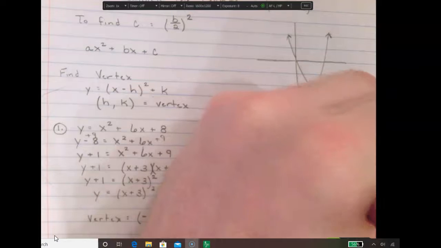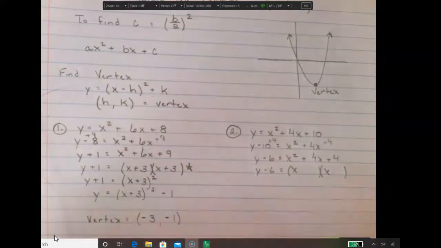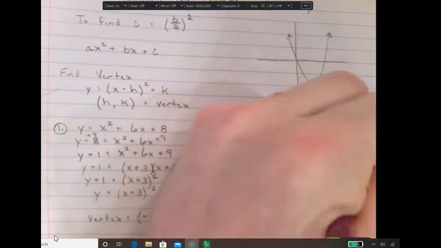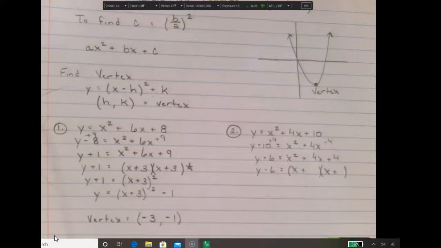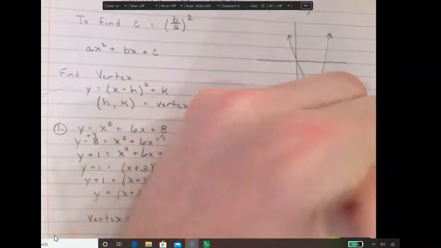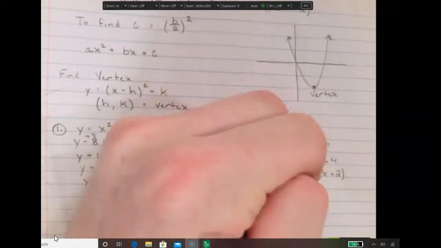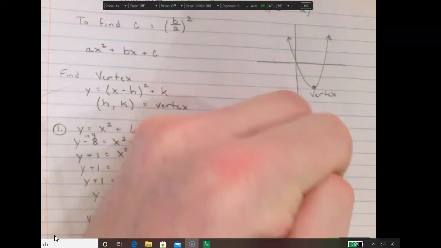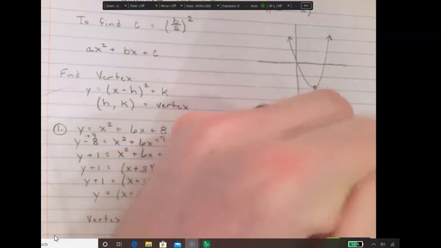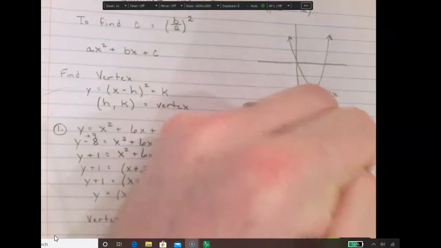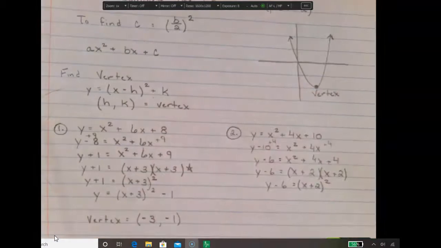So when I break this one down, it's going to turn into x and x. I'm working with two positives, so it's going to be plus, plus. Now I need to break 4 up. So two numbers that when multiplied give me 4, added together give me 4, and that's going to turn into 2 and 2. So we can rewrite this then as y minus 6 is equal to x plus 2 squared.